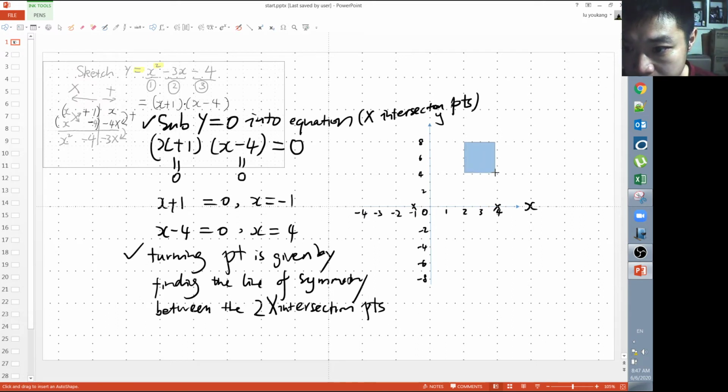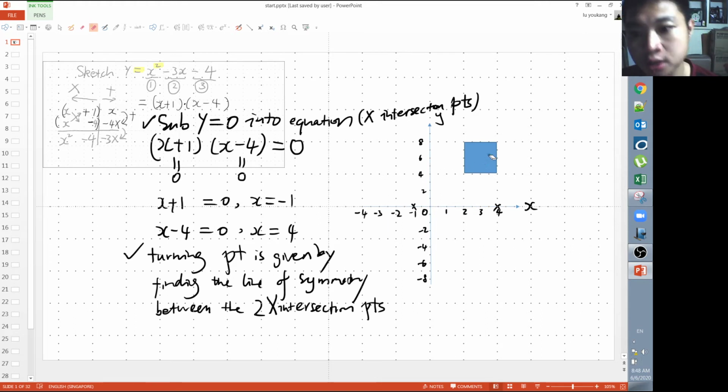Let me start with a square here. If your line of symmetry is the y-axis, then the y-axis actually acts as a mirror.